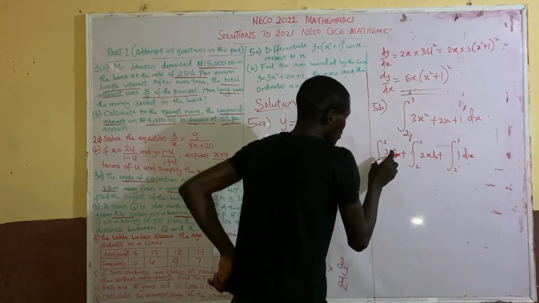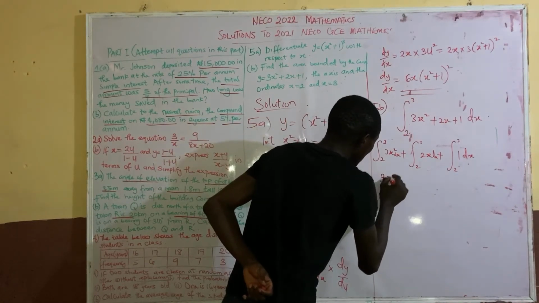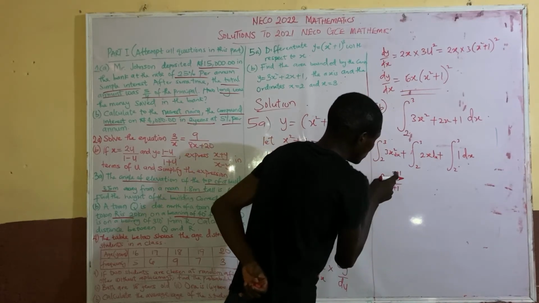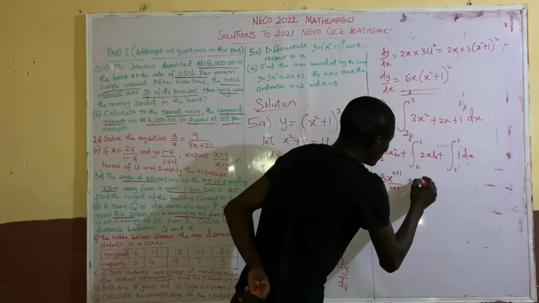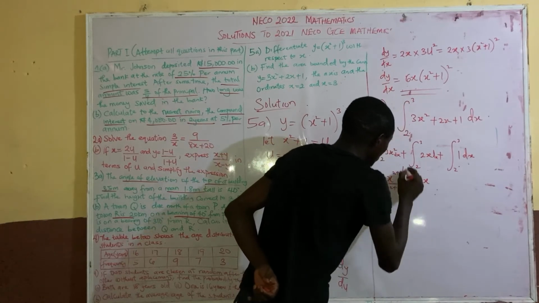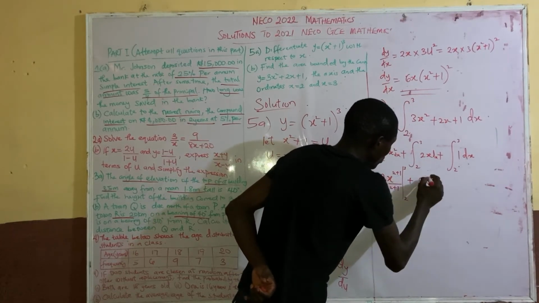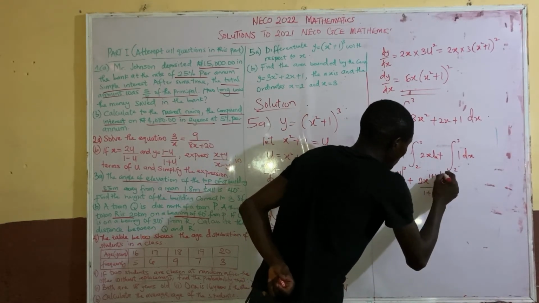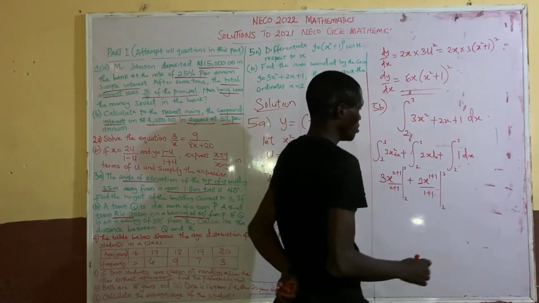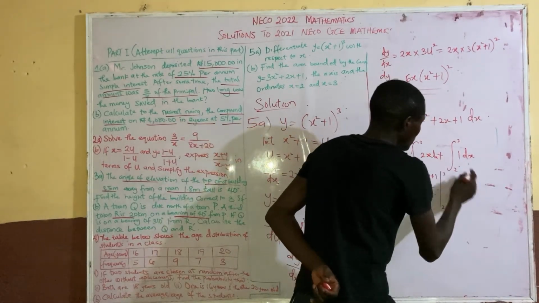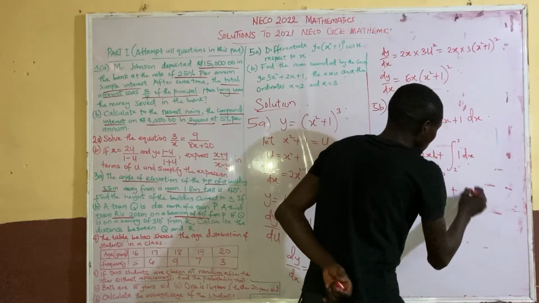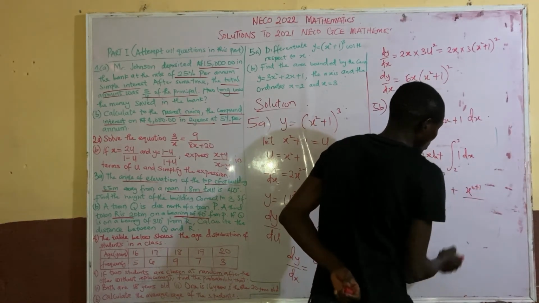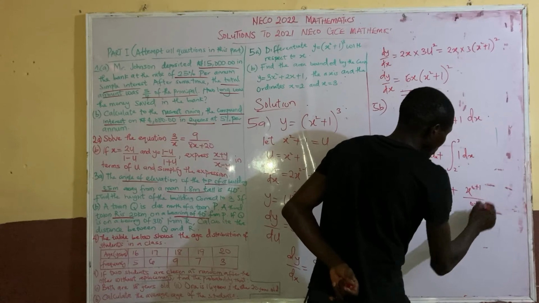So you find the integral of this one, which will be 3x raised to power 2 plus 1 all over 2 plus 1. That is, you add 1 to the power, plus 2x raised to power 1 plus 1 over 1 plus 1. Don't forget there is a boundary of 3 and 2. Plus, you introduce a constant, which is x.